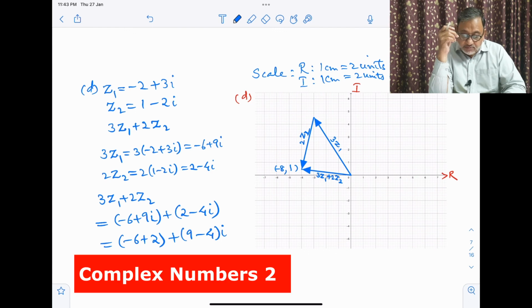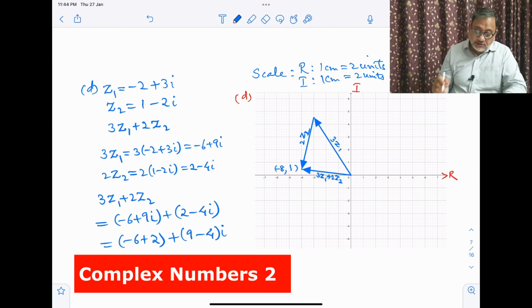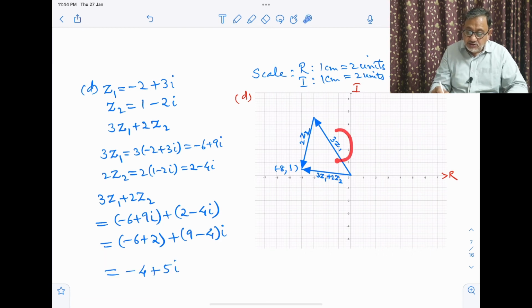My first complex number 3z1 is minus 6 plus 9i. Minus 6 plus 9 is this position. Now I have to add into it 2 in the right direction, isn't it? By mistake I took 2 in the left direction, so no problem.